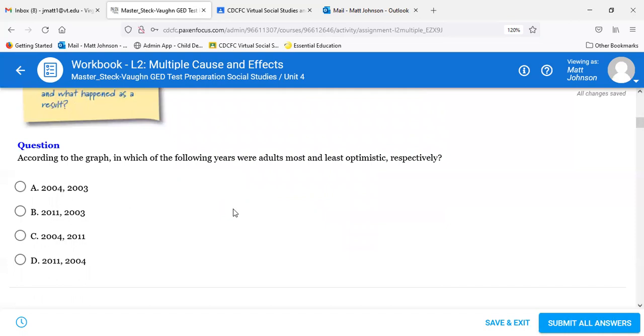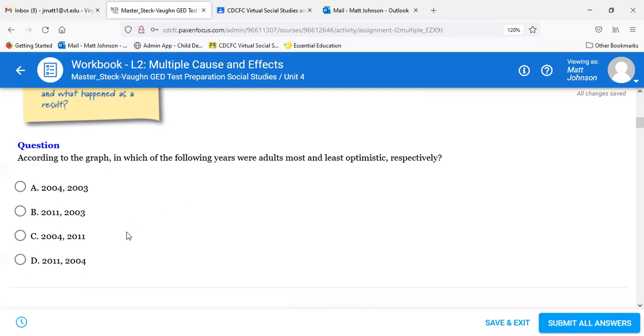According to the graph, in which of the following years were adults more and least optimistic, respectively?